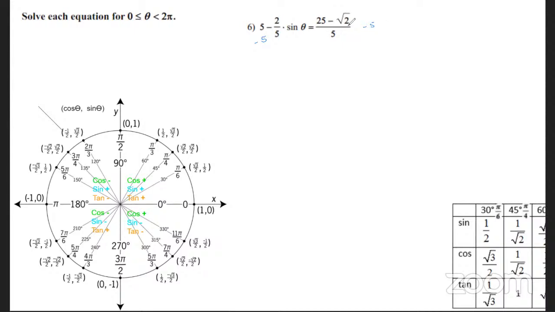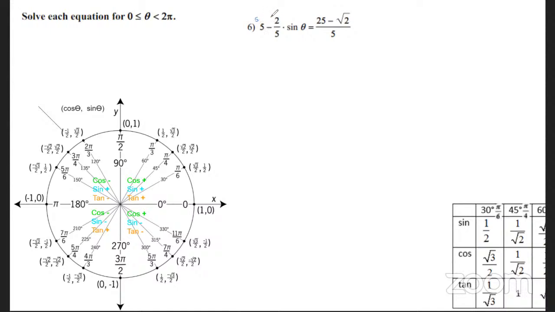But one thing we can do prior to that, if we don't want to subtract 5 with fractions, is we can get rid of the denominator. And how we do that is we're going to multiply each term by 5, because 5 is the largest denominator here. So if we multiply by 5, we're going to be able to get rid of our 5s as our denominator, okay?